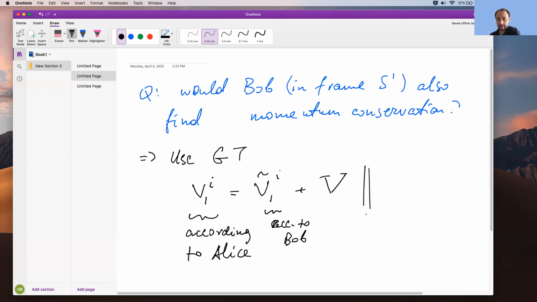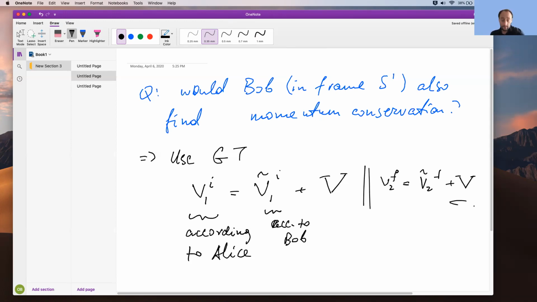For example, V2 final equals V2 tilde final plus V. So don't worry about the fact that the final and initial velocities are not of the same sign. This will take care of it.